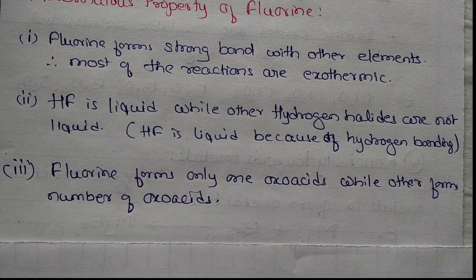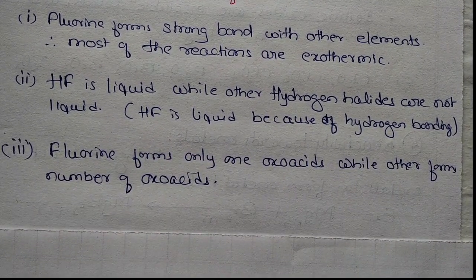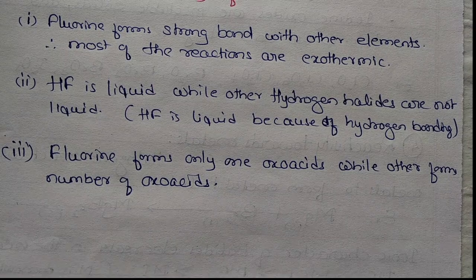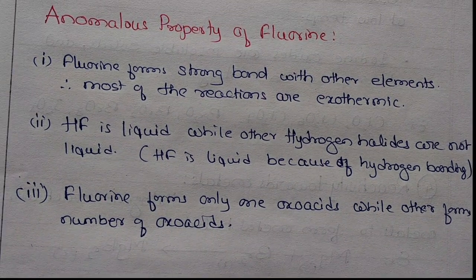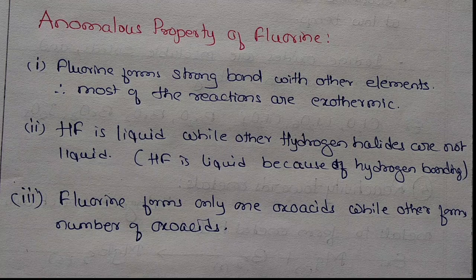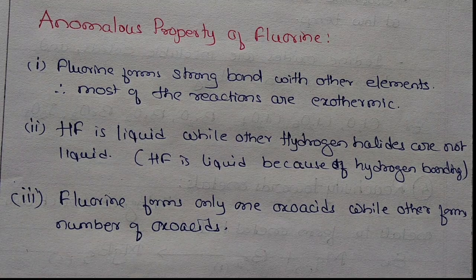Then the third one: fluorine forms only one oxo acid, while the others form a number of oxo acids. So these are the three main anomalous properties of fluorine. So that's about the general properties of halogens and the anomalous property of fluorine.